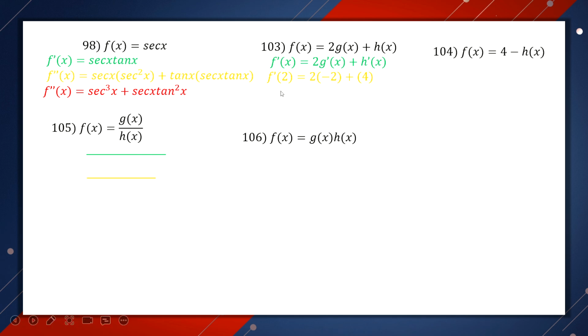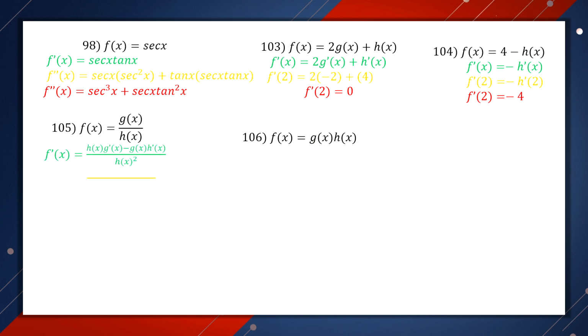So it becomes f derivative 2 equal to 2 times negative 2 plus 4, and then simplify it, f derivative 2 equal to 0. F of x equal to negative h of x. So next is f derivative 2 equal to negative h derivative 2. So it will finally become f derivative 2 equal to negative 4.